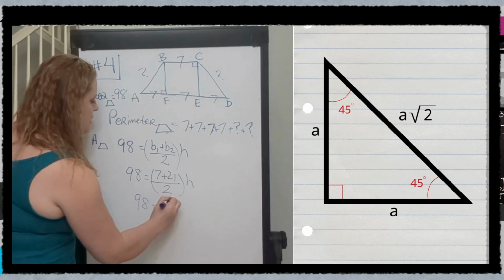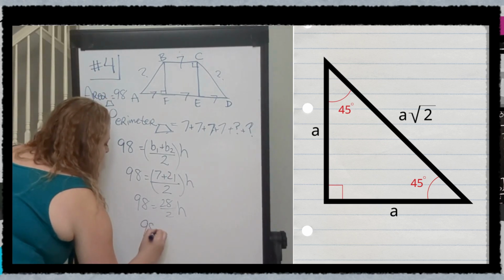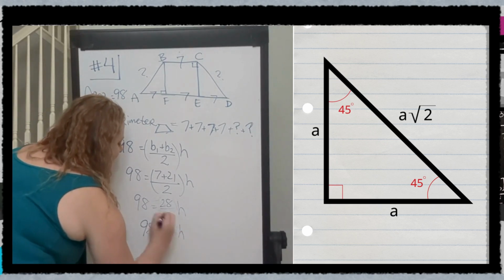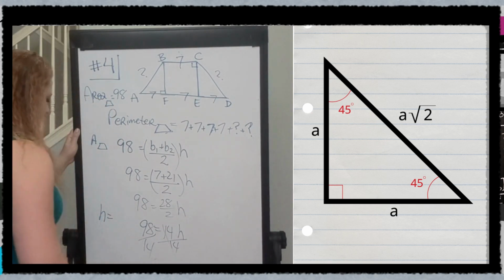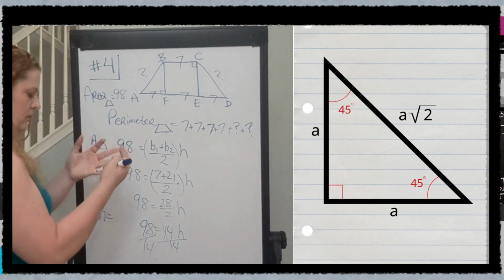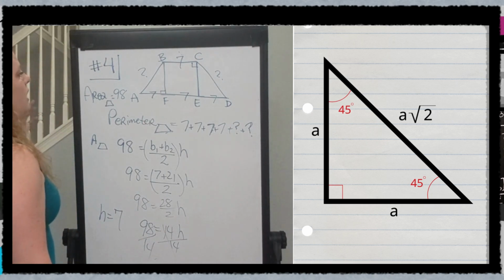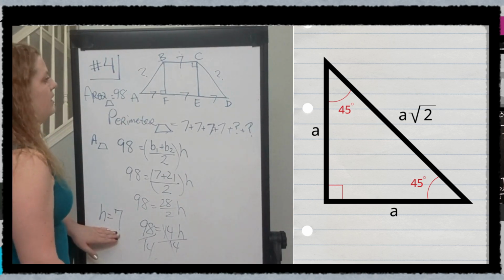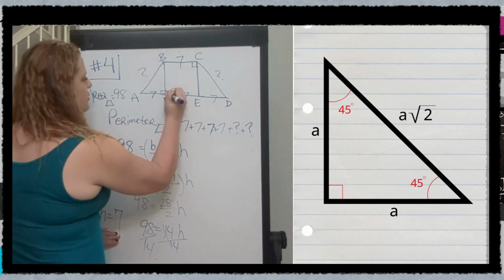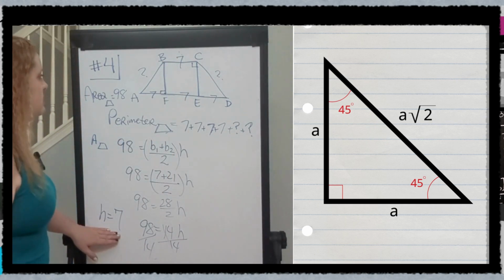Let's simplify this: 98 is 28 over 2 times h. 98 is 14 h's, and we're going to divide both sides by 14 to get that h all alone. h is 7. So up in our trapezoid, our h, that's our height, is 7. Remember, height touches the base at a 90-degree angle and goes up to your highest vertex.